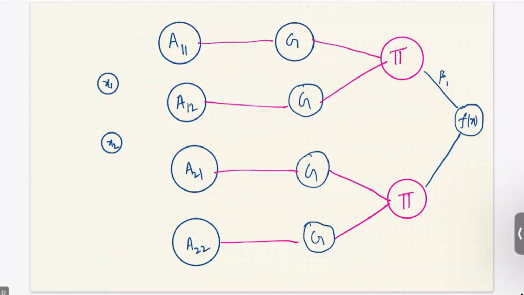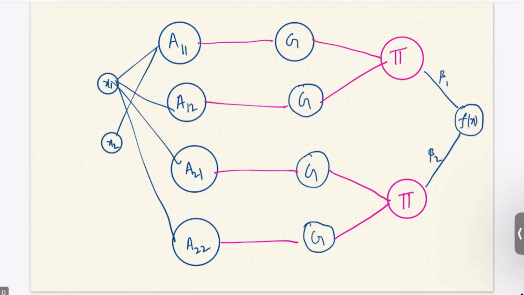It's some beta 1, beta 2 weights. Now this combination, whatever I have just written here, is a kind of affine function which we are taking, all these things. This one we are also taking.